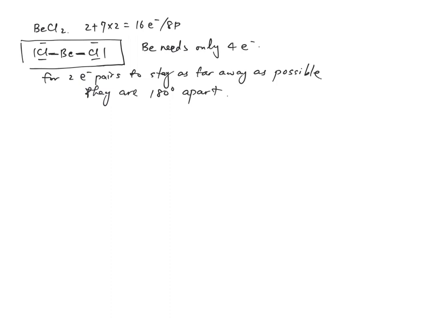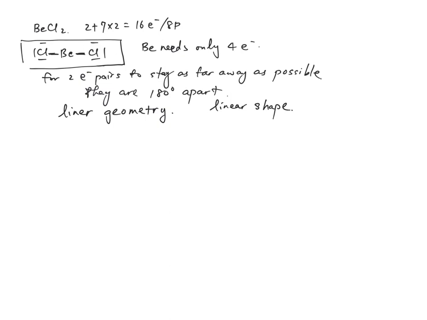If the 2 electron pairs on the central atom are taking a 180-degree angle against each other, then we say this molecule has a linear geometry, and the molecule has a linear shape. So beryllium chloride is a linear molecule.